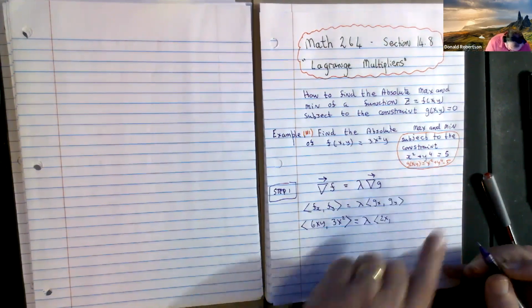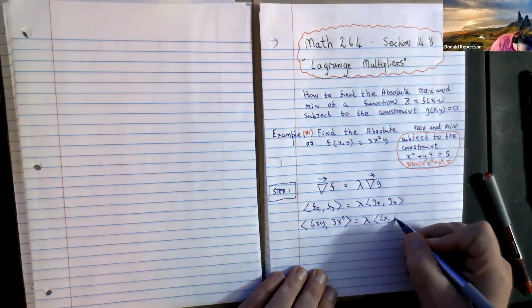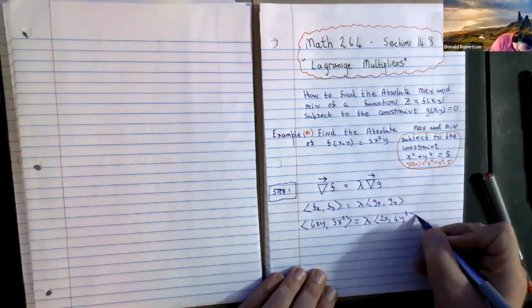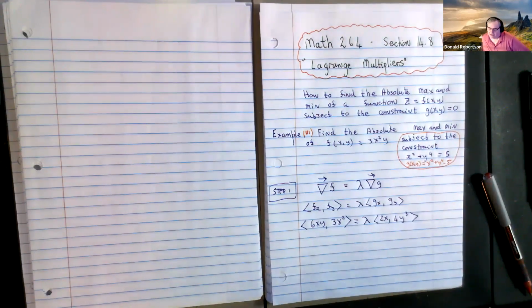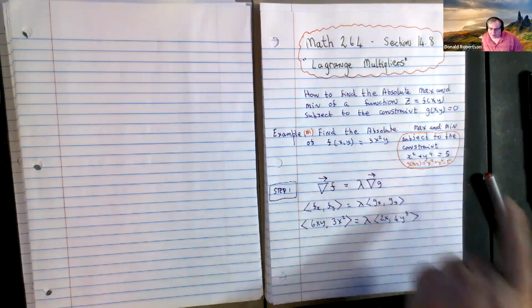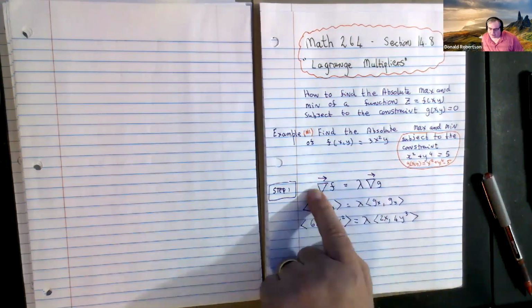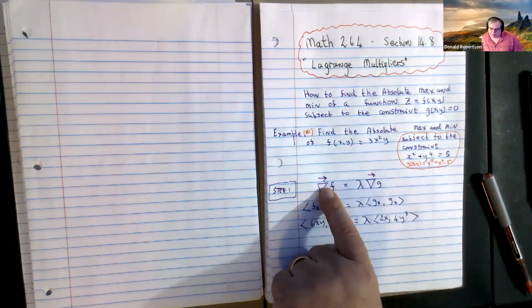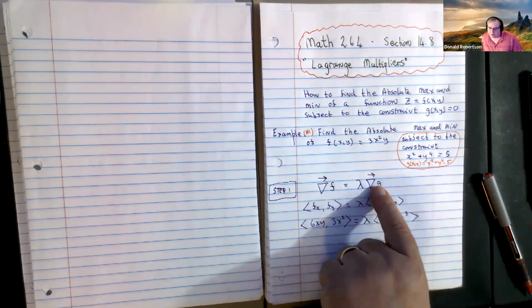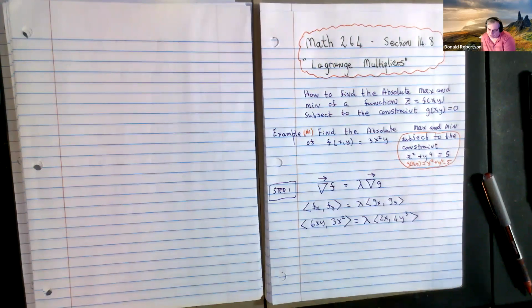And this function here with respect to y, and you get 4y cubed. Are we good so far, guys? You will solve this equation. You'll find the places where the max and min live by solving this system of equations, that the gradient of f is equal to lambda times the gradient of g. So far, so good.